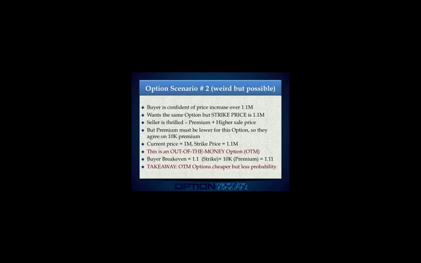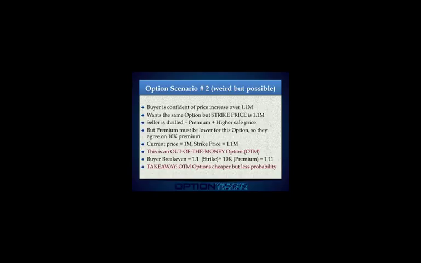So obviously the premium for this option will be much less than the option that had a strike price of $1 million. The strike price of $1 million was at the money because $1 million was considered to be the fair value of the land at the time the option contract was created. So the $1.1 million strike price is called out of the money.